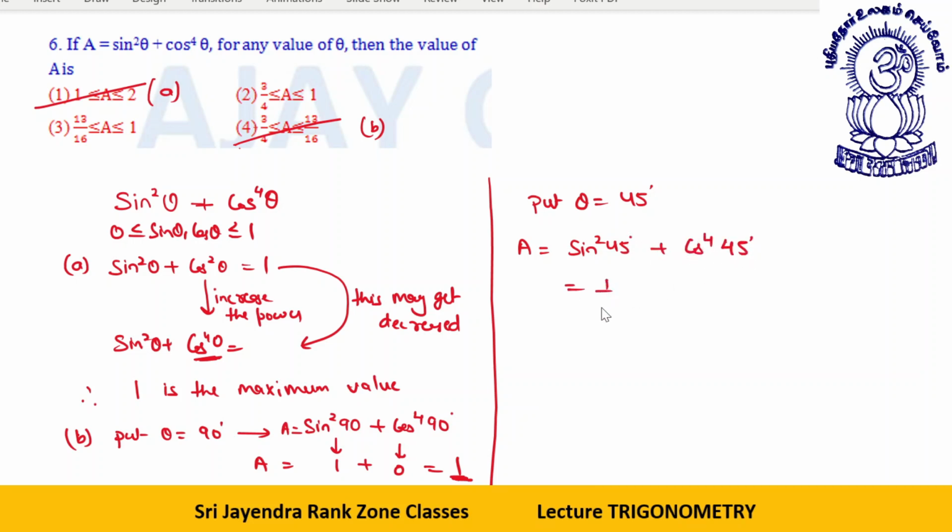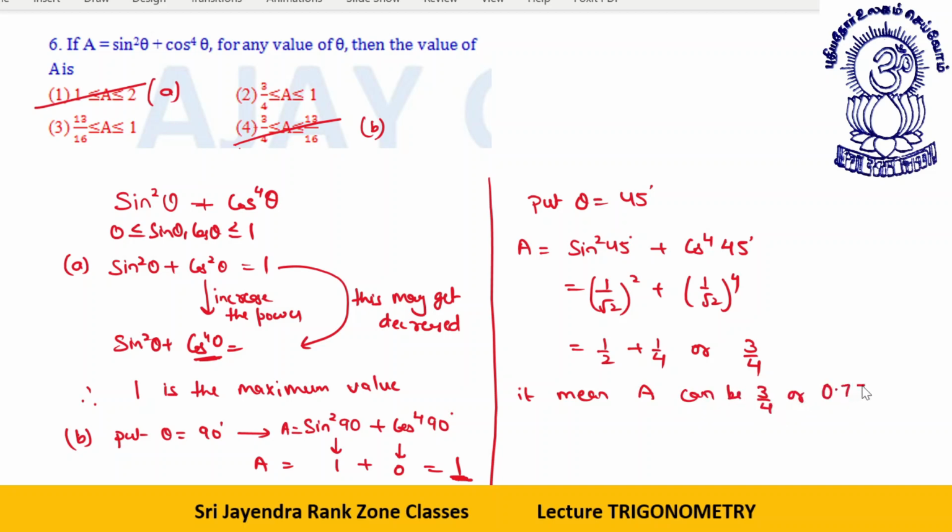That is 1 by root 2 square plus 1 by root 2 raised to power 4. That is half plus 1 by 4, or 3 by 4. It means A can be 3 by 4 or 0.75. Fine.